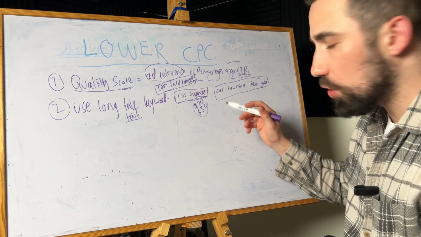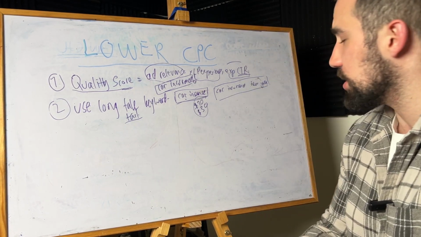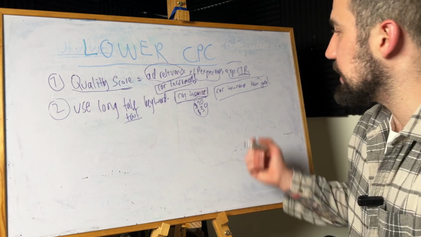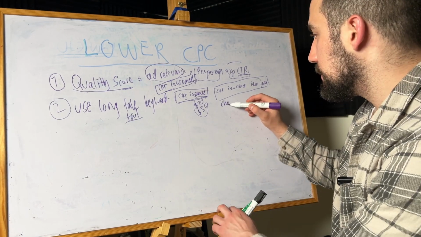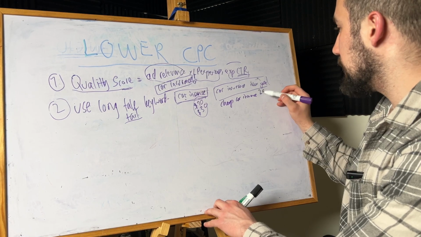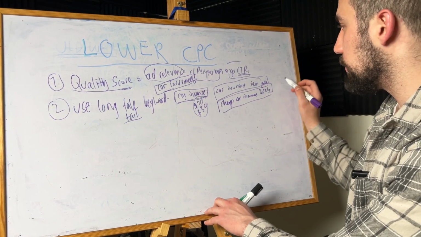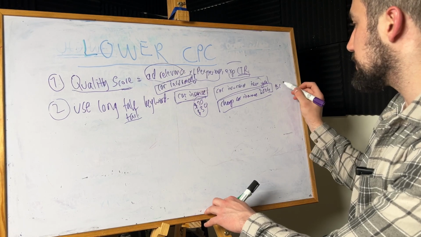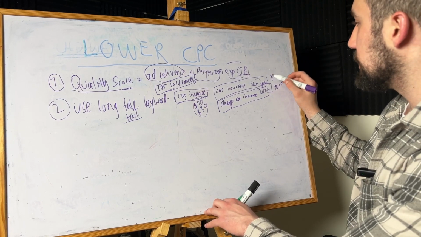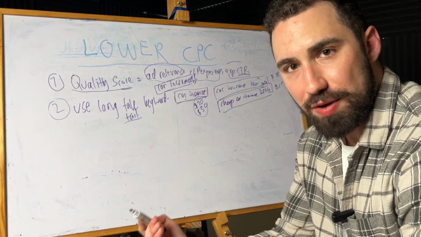Car insurance New York only targets New York. Car insurance Michigan only targets Michigan. Car insurance Seattle only targets Seattle. Or cheap car insurance 2024. These are long tail keywords, which are guaranteed to be cheaper. This is going to be $15. This is going to be maybe $18. So this is another strategy.